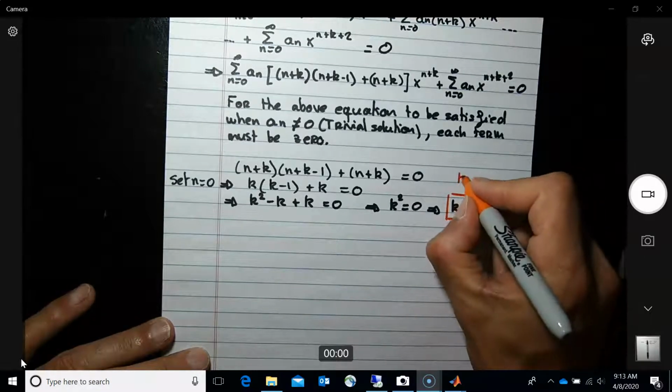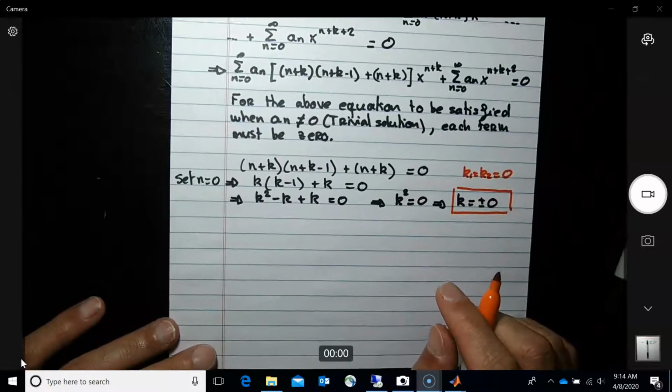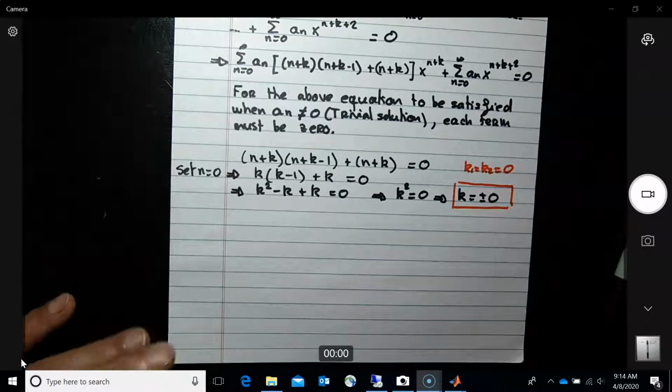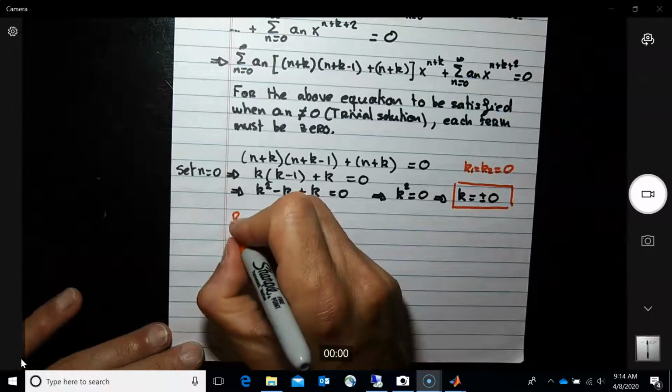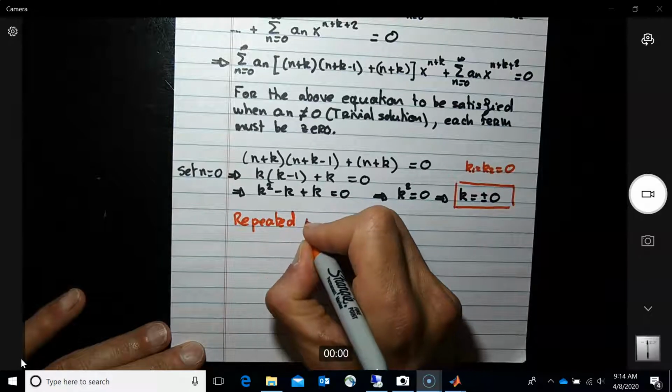Really this means that k1 equal k2 equal to 0. So basically we are in the case of repeated roots.